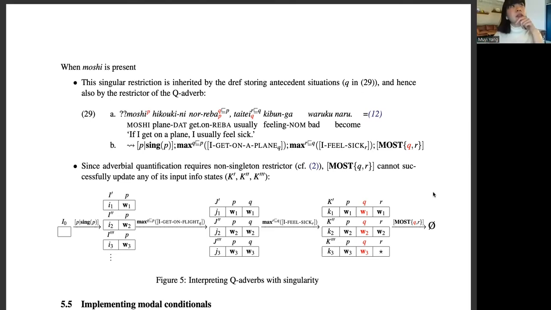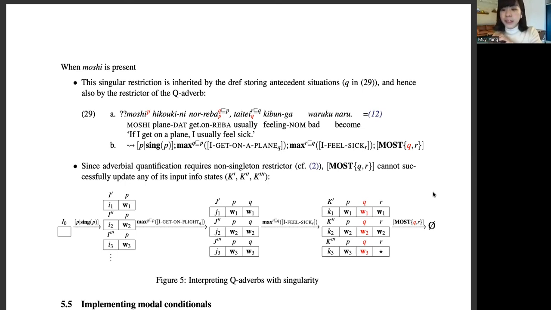Yeah, thanks for the question. I haven't actually thought about this very deeply, but my current response would be that I'm calling it false as a theoretical way of ruling out this sentence, because in this particular framework, if I have understood it correctly, there is no distinction between presupposition failure and false, so they are treated as the same.